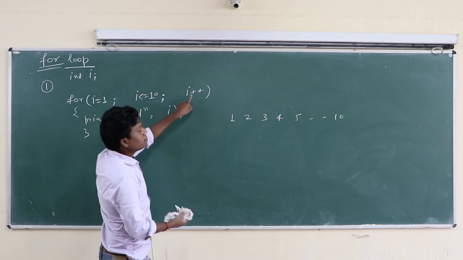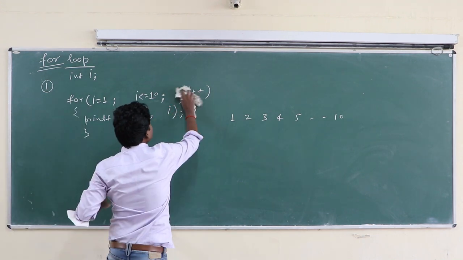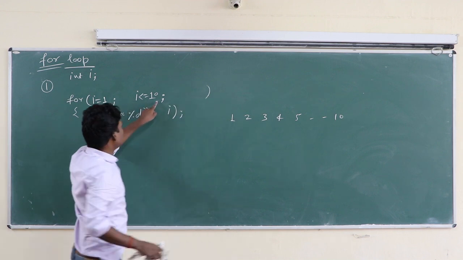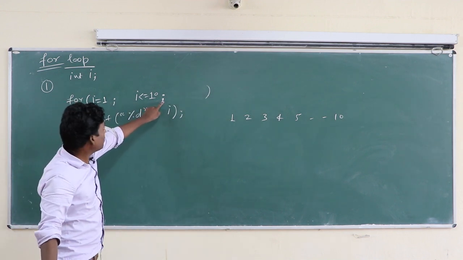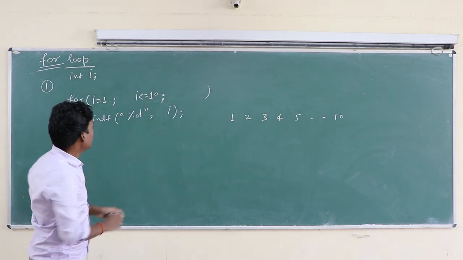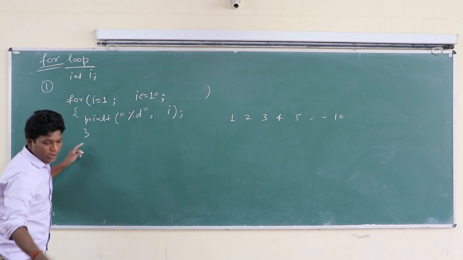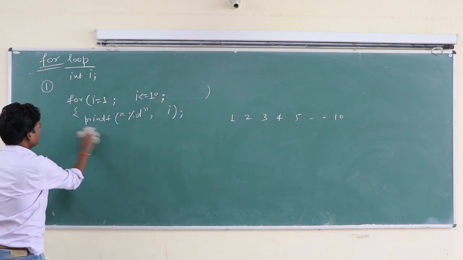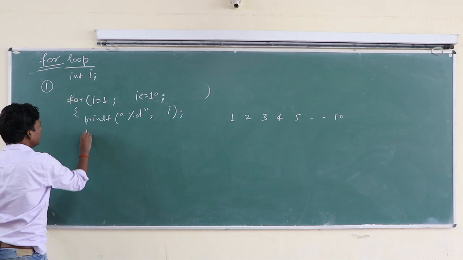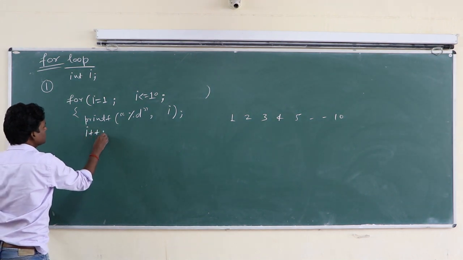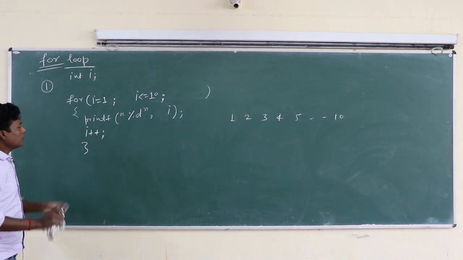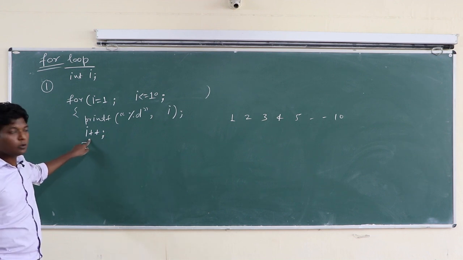This works at the end of the loop, so you can remove this, but its semicolon will be here. The semicolon will be here, it's necessary. And we remove I plus plus and write it at the end of the loop, because I plus plus works at the end of the loop.